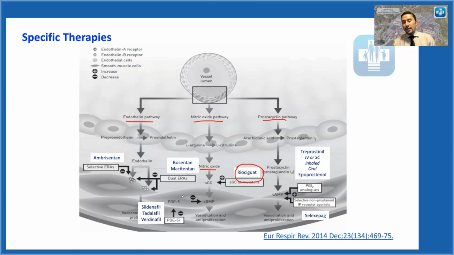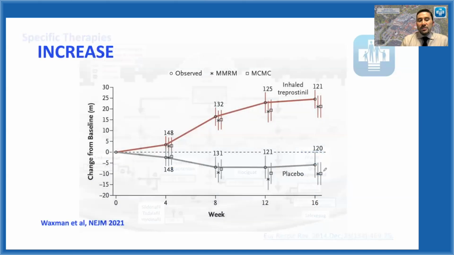Now, inhaled treprostinil is something that we found lately, and I'm going to talk about that in the next slide, that has been found to help, with careful assessment and review, a patient who has interstitial lung disease and also pulmonary hypertension. And this is why screening these patients is helpful. This is the study that I'm pointing at for patients who have an underlying interstitial lung disease.